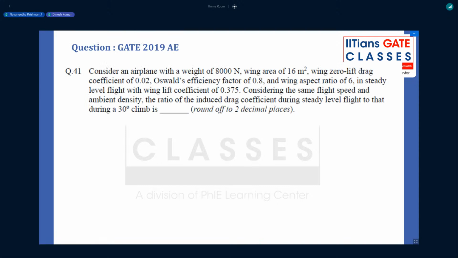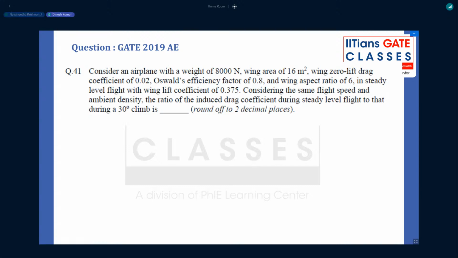Next question, GATE 2019, question number 41. Consider an airplane with a weight of 8,000 Newton with a wing area of 16 meters square. Wing zero lift drag coefficient is 0.02, with an efficiency factor of 0.8.